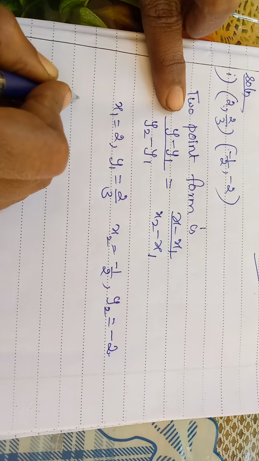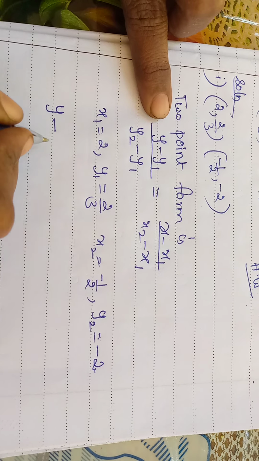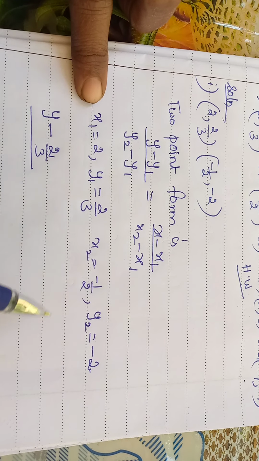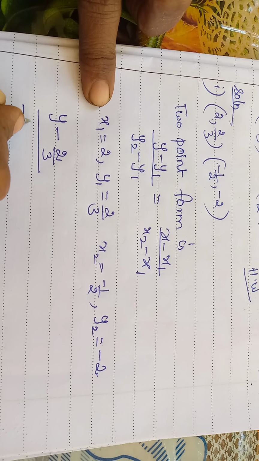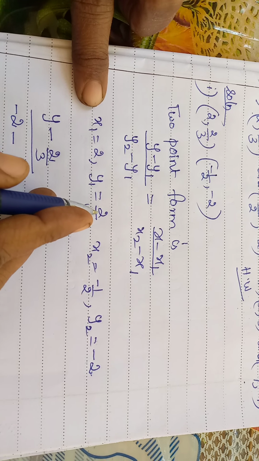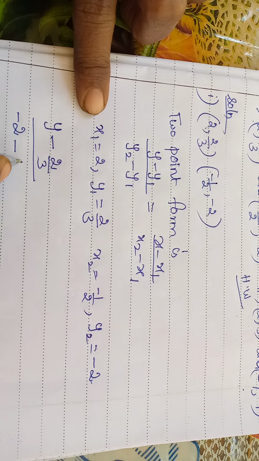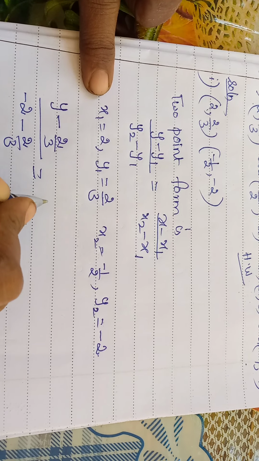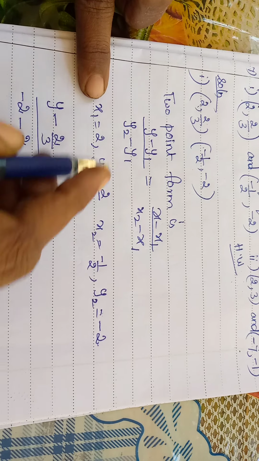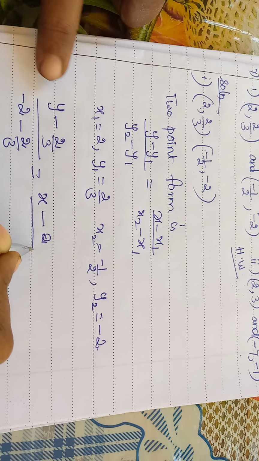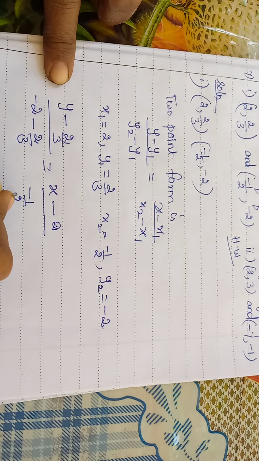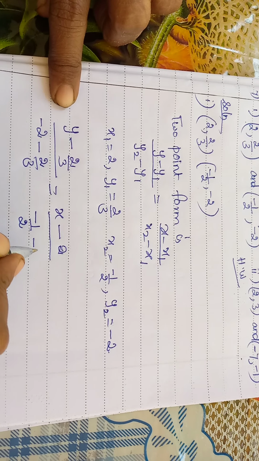We get y minus y1, that is 2 by 3, divided by y2. What is y2? Minus 2, minus y1, 2 by 3, is equal to, here x minus x1, so that x minus 2, divided by x2 minus x1, that is minus 1 by 2 minus x1, 2.